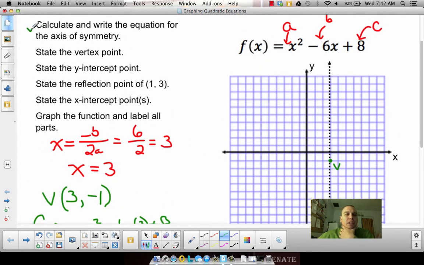So we've already done this one. State the y-intercept. Now remember, the y-intercept is when x is 0. So if x is 0 here, x is 0 here, x is 0 here, all of this goes bye-byes.